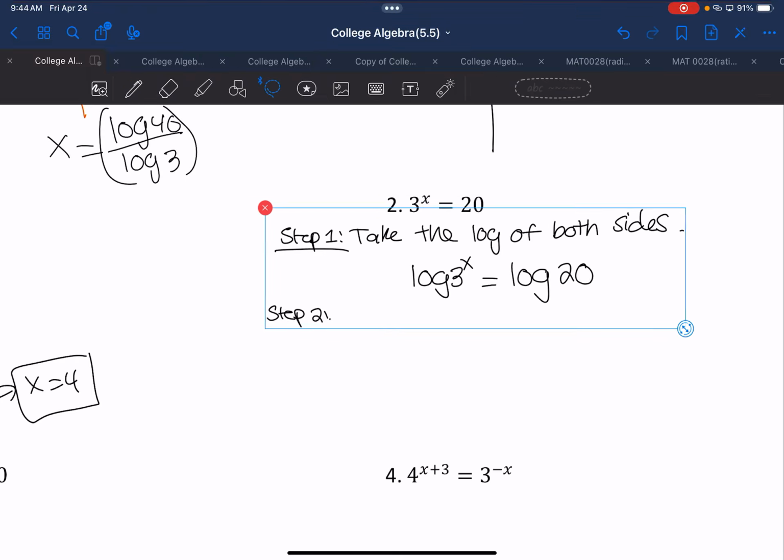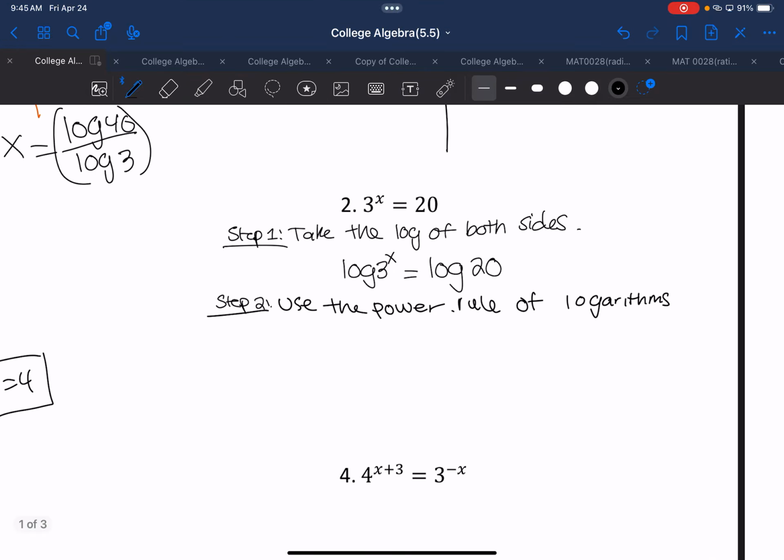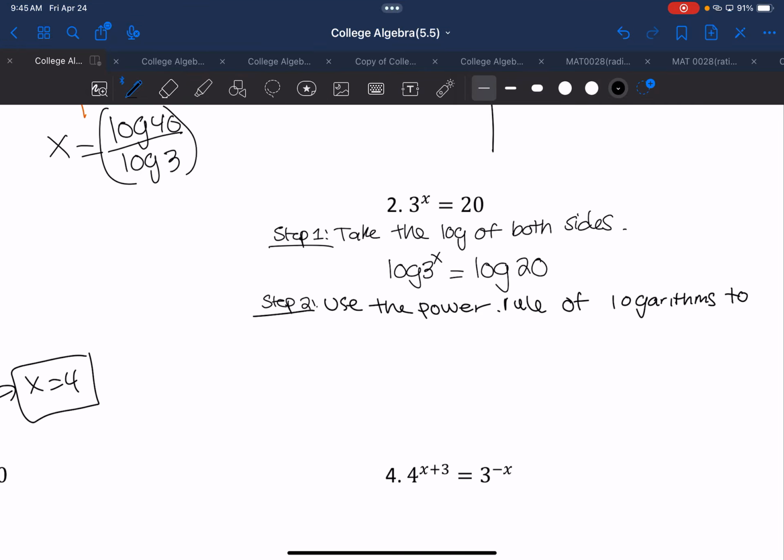So step 2, use the power rule of logarithms to get the variable out of the exponent, because that's always our goal.